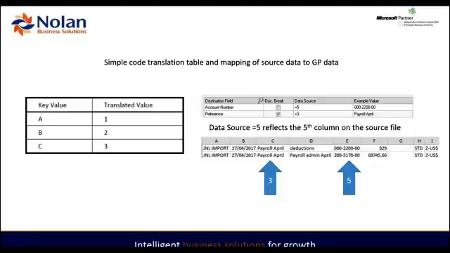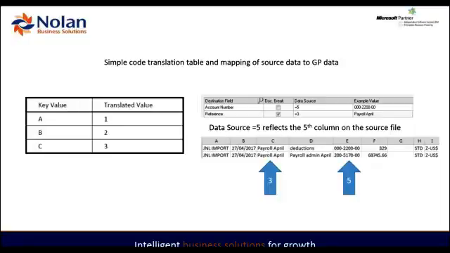So here I've got a couple of lines that just show what's on my source file, and 5 in this example is basically the 5th column on your source file. So in this case, column E, and column C is the 3rd one, and that becomes the reference.